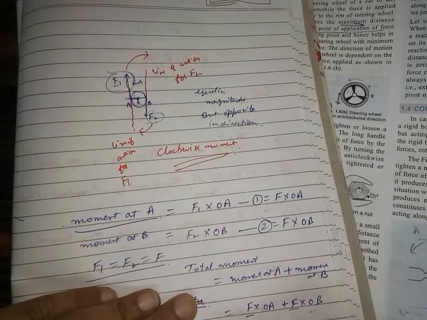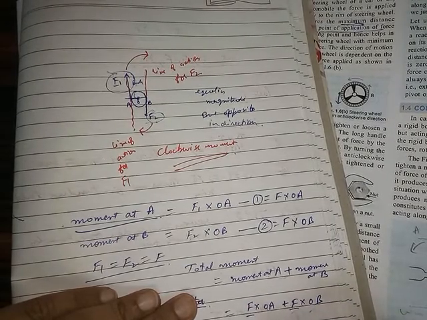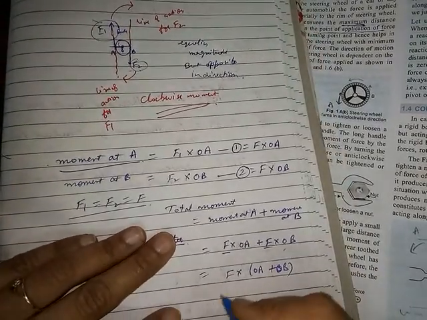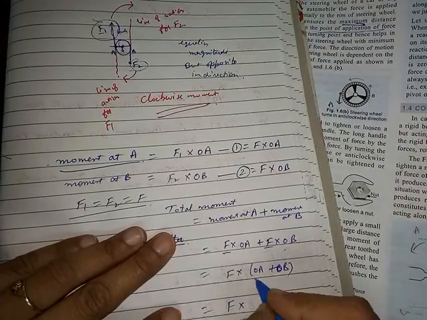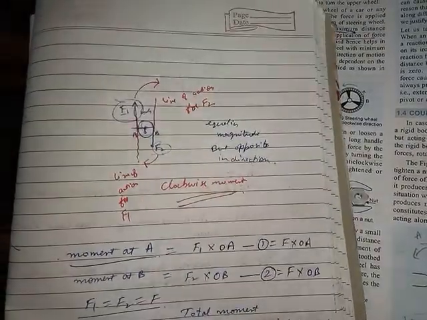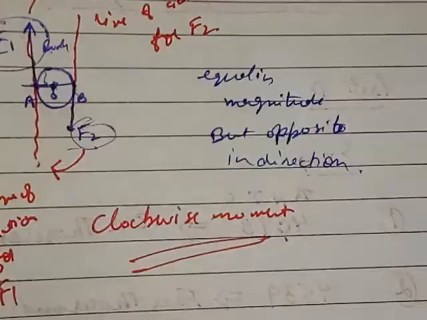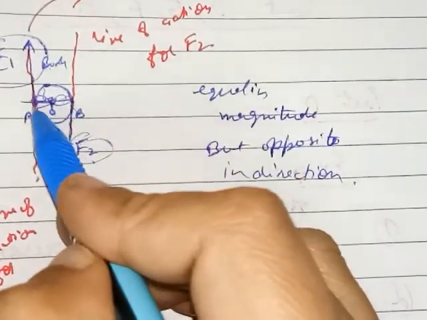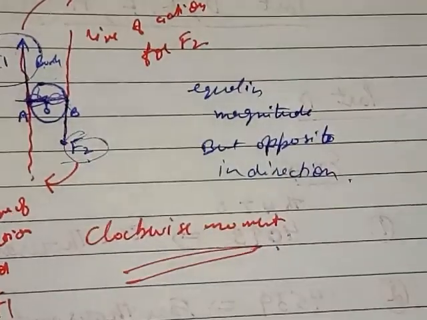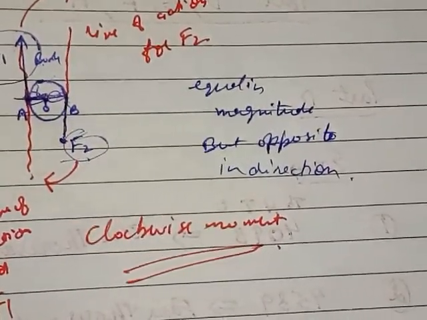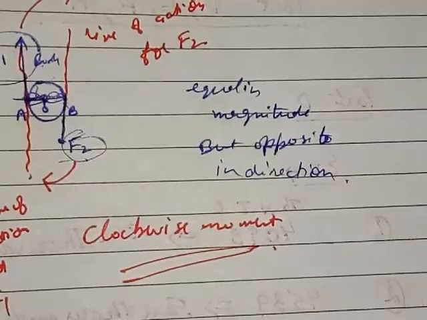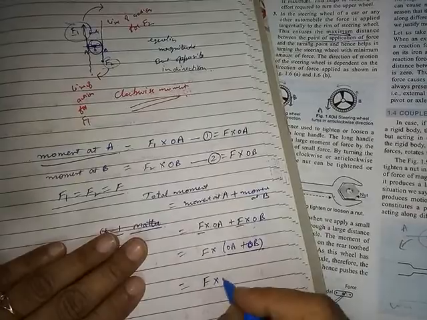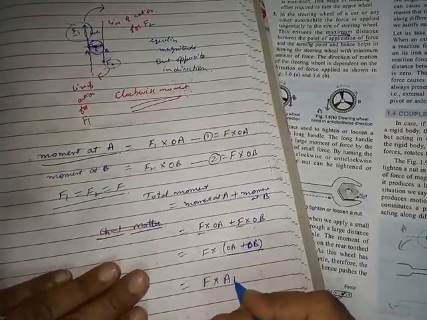Now F is common, so F into OA plus OB. Now you can see clearly in this diagram that OA plus OB is equal to AB, the perpendicular distance between the two forces. So we can write it as F into AB.